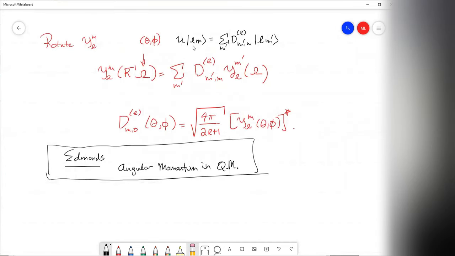That when you rotate the angular momentum states, they rotate with these D matrices. And then that the coordinate representation of the LMs are just the spherical harmonics. And starting from those two facts, and recognizing that these D matrices are just the components, in terms of LM, of rotating by theta around the y-axis, and then by phi around the z-axis, right?